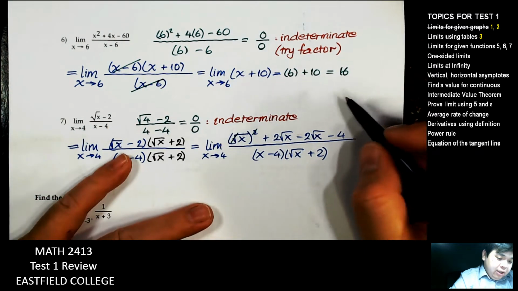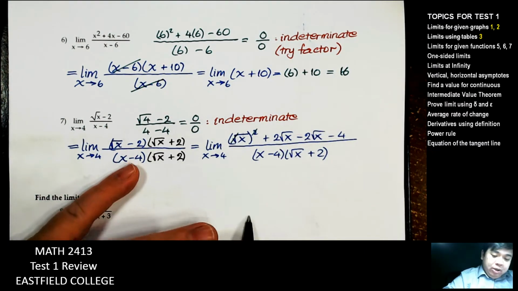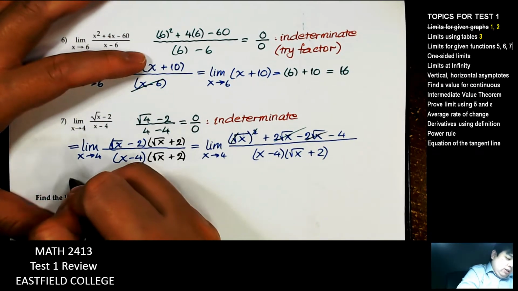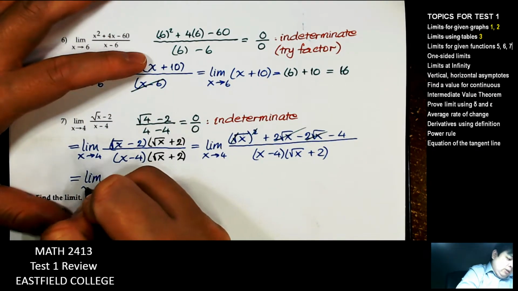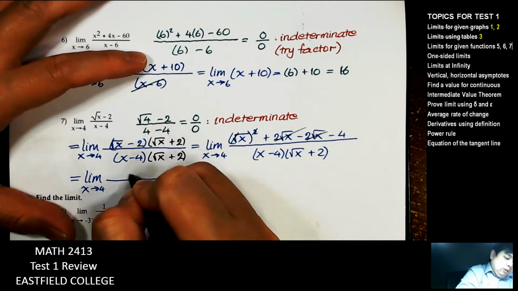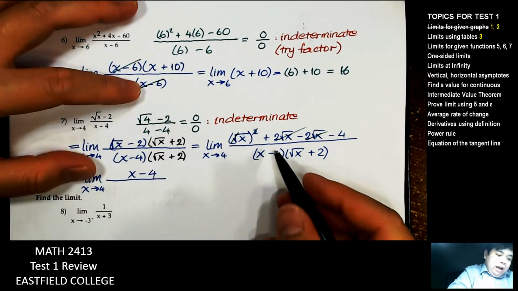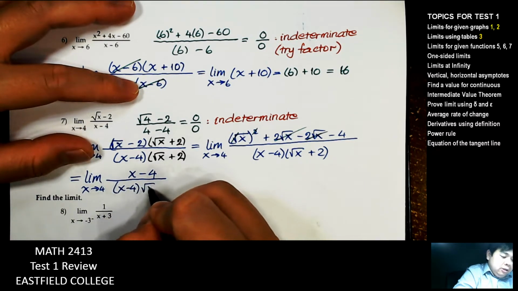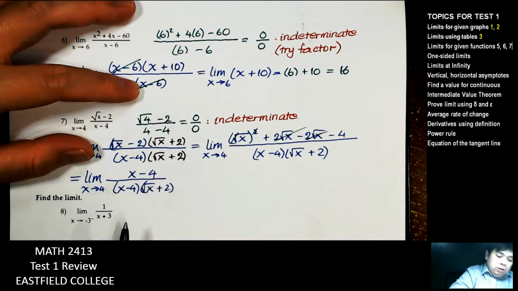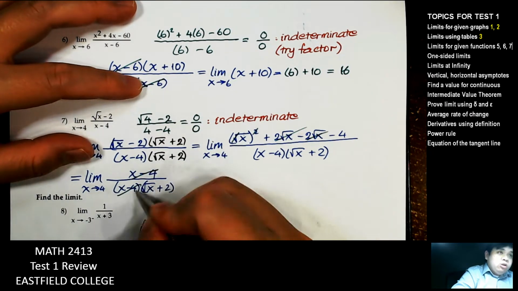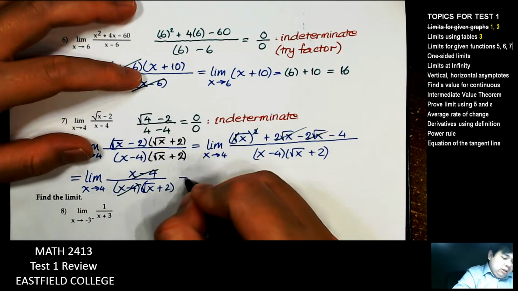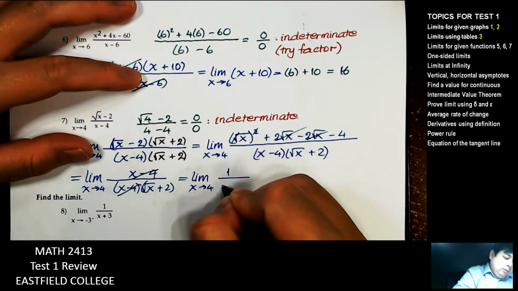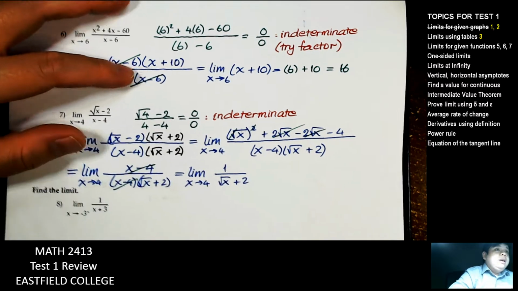Not only does that cancel, the middle terms also cancel nicely. So we just have x minus 4, and then at the bottom we just have that. So we can cancel out x minus 4. And we have that.